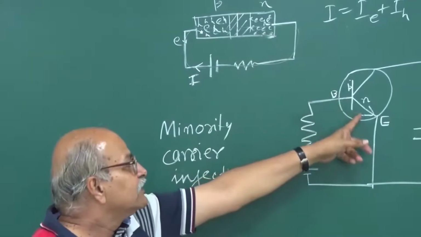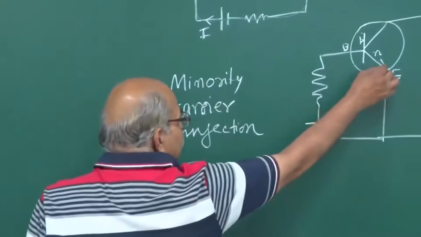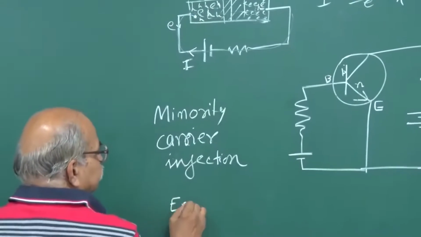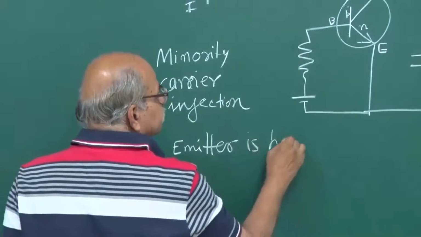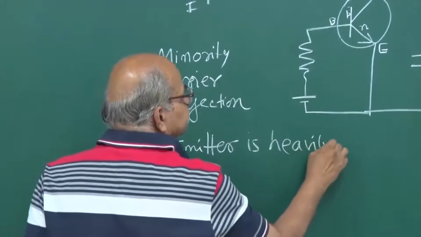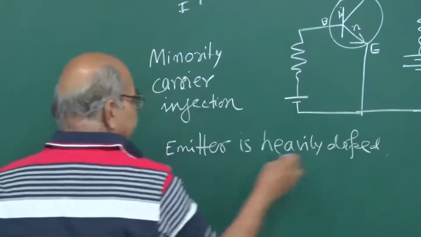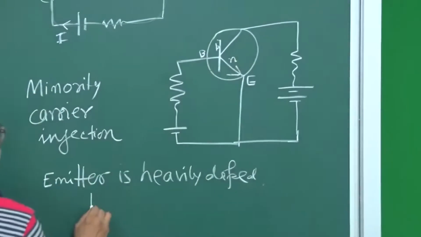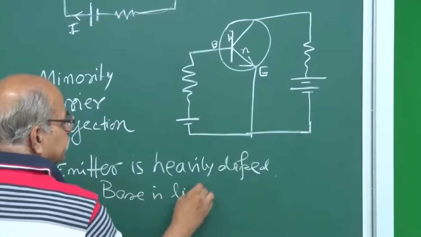Here the extra things are, one, this emitter, this N-type, this emitter is heavily doped. This is one. And this P here, this base, is lightly doped. This is one thing.